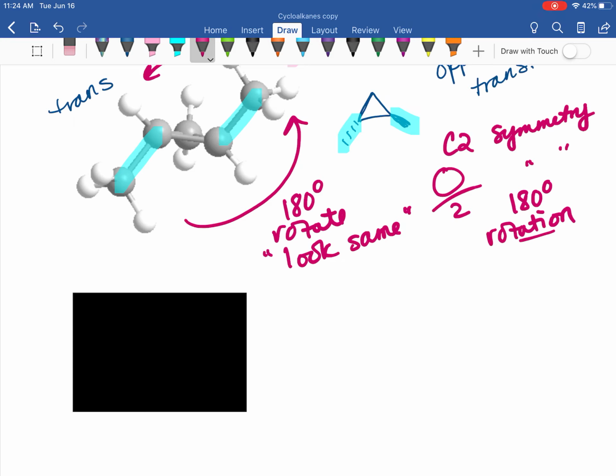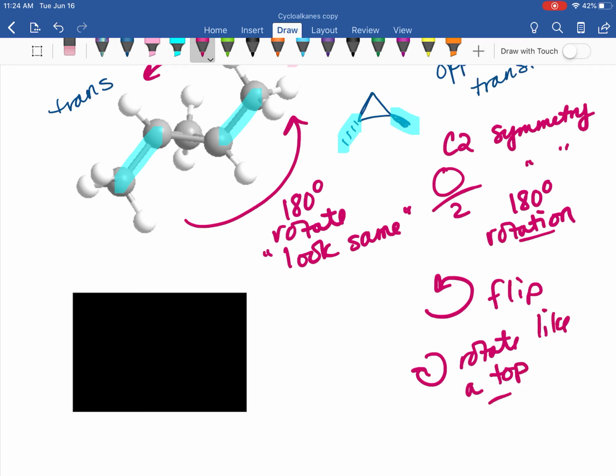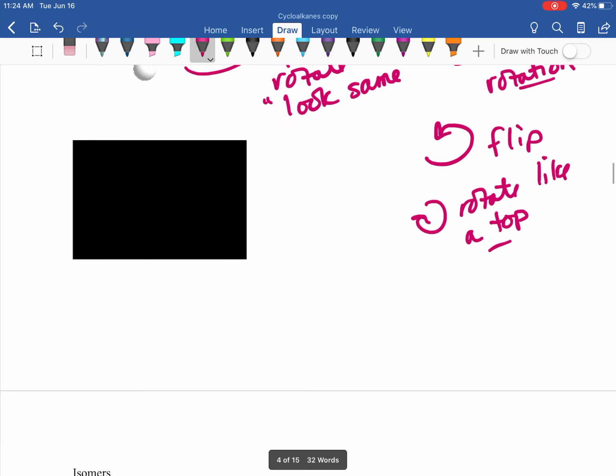And that 180 rotation could be kind of flipping like a pancake, or it could be spinning and rotating like a top. Doesn't matter how you rotate 180, it just matters that you rotate 180 degrees.